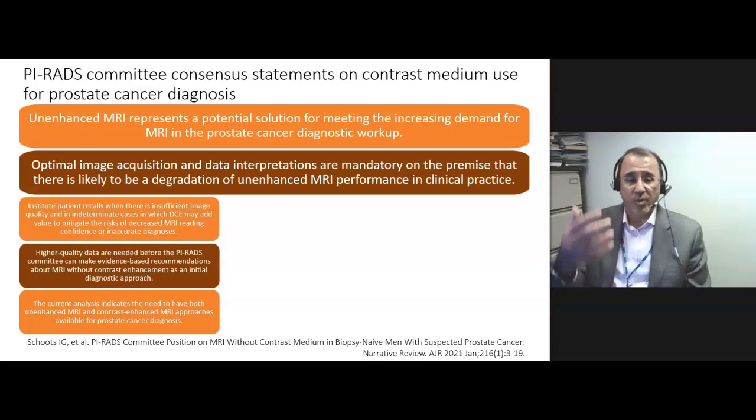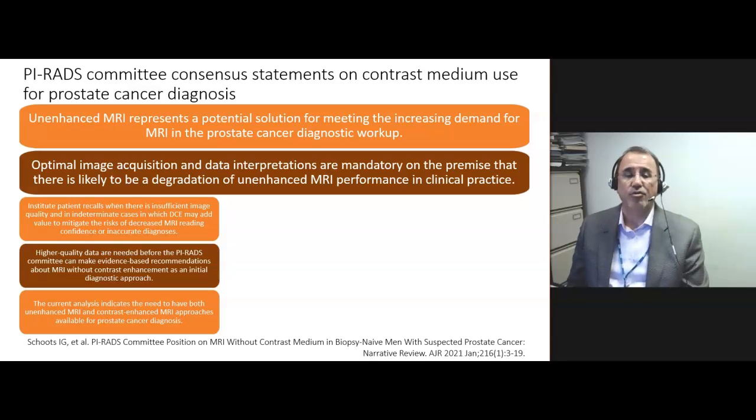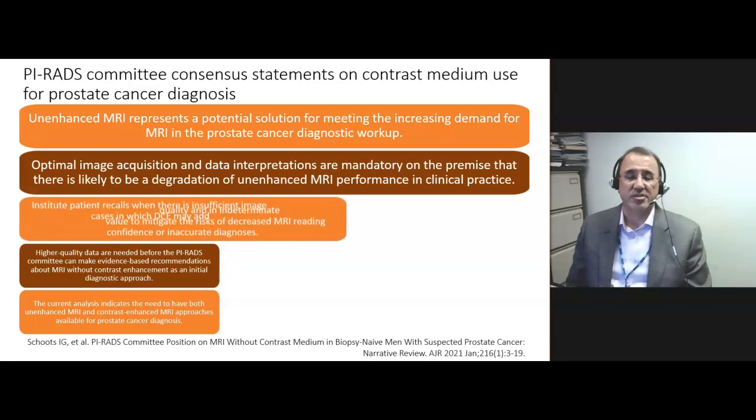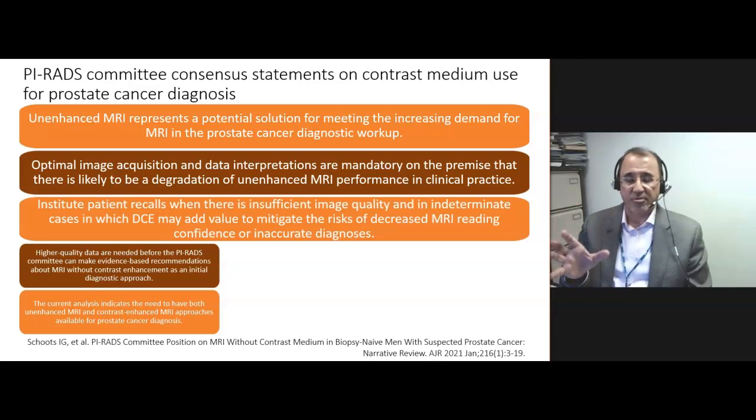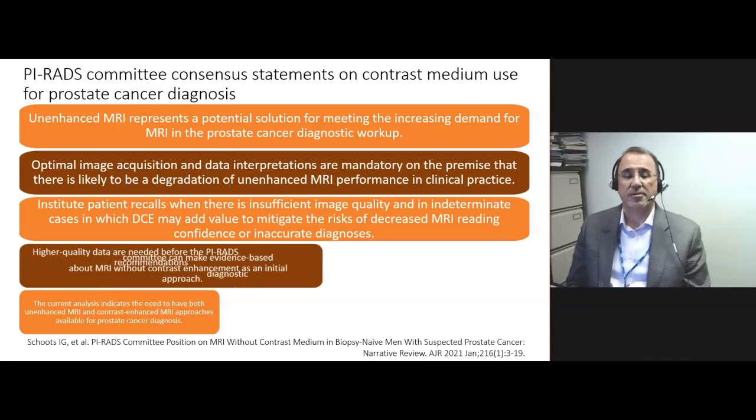We know that when you go out of expert centers into the community, there is a degradation of interpretive performance. You need to be ready to institute patient recalls when image quality is poor and in indeterminate cases. Why? To mitigate the risk of decreased MRI reading confidence or inaccurate diagnosis.